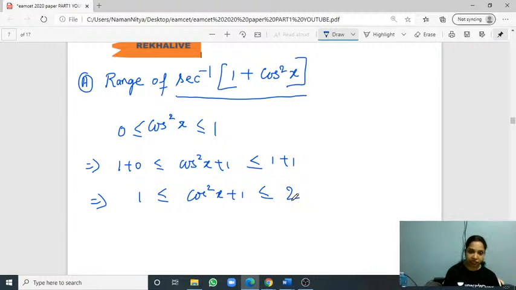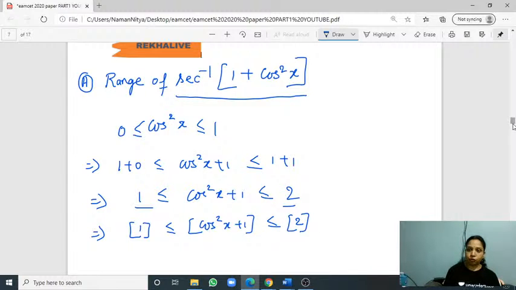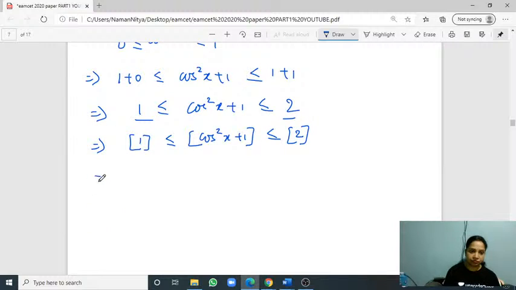Now if you take the greatest integer function, as you can see these are integers only. If I apply the greatest integer function on 1, on cos square x plus 1, and on 2 also, what will I get? The greatest integer function of 1 will be nothing but 1 only, and here it is 1 plus cos square x less than or equal to 2 only.